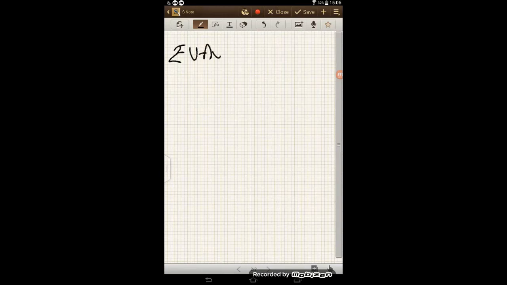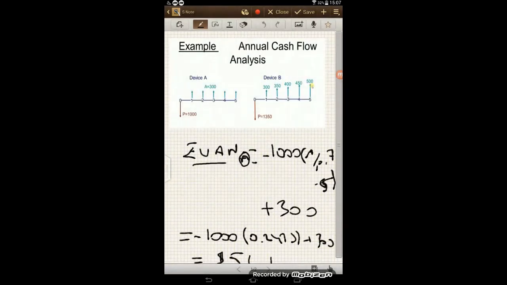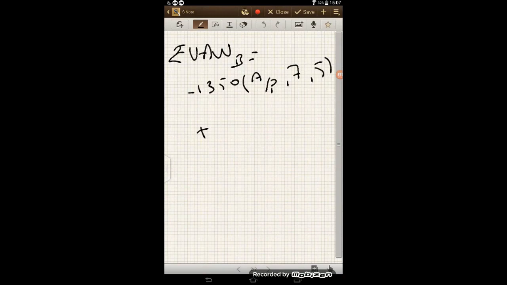In second option, EUAW B. So it was 1350 is minus side, minus 1350, which is A over P, right? And 7%, and for 5 years again, plus in our equation 300 is the annual series, so we just add 300.